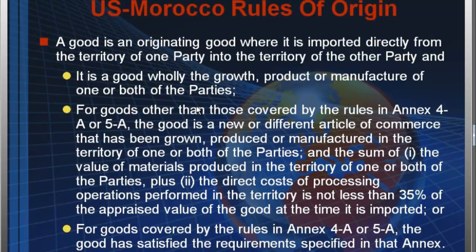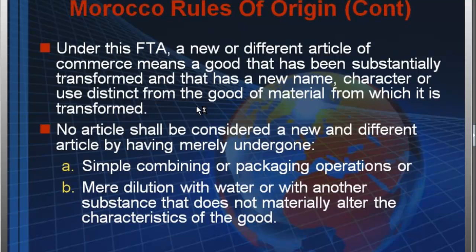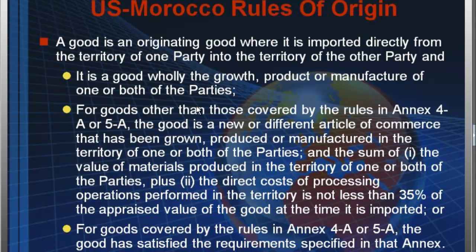So each note is located in the Harmonized Tariff Schedule. And so, that was an example of the actual Morocco rules of origin, and it shows that it's an originating good.